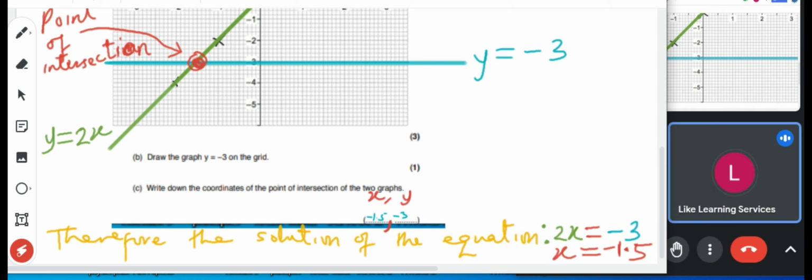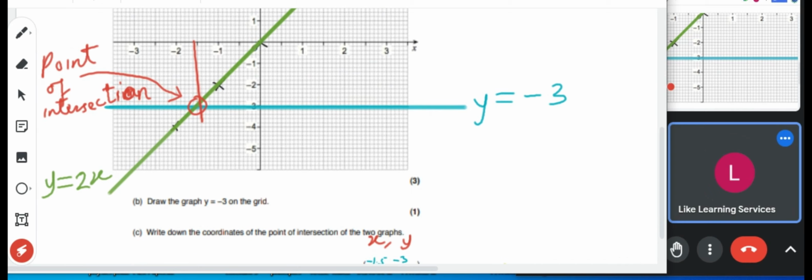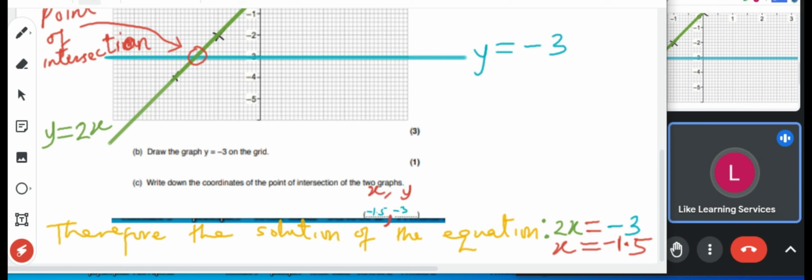At x equal to minus 1.5, as you can see. That is the solution. Therefore, the solution of the equation, the one in green, 2x, equal to the one in blue, minus 3, is where they crossed themselves, which is at x equal to minus 1.5. Is that understood?